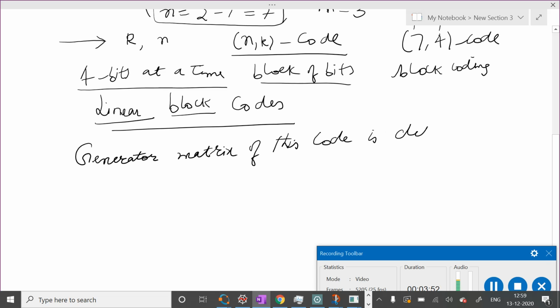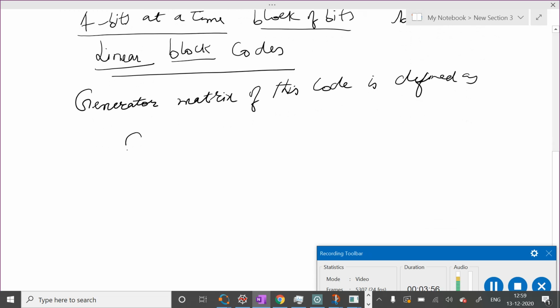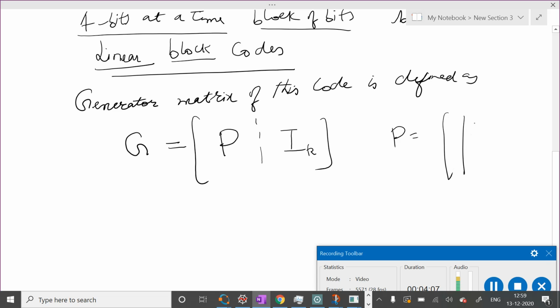is defined as, see, generator matrix, just try to understand, it has a structure [P I_k]. What is the significance of P? The significance of these rows of P, so these are columns of P, right? Whichever bit is 1, that particular message bit is XORed altogether.